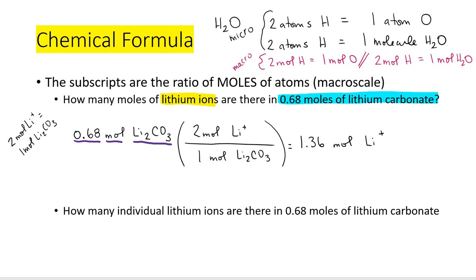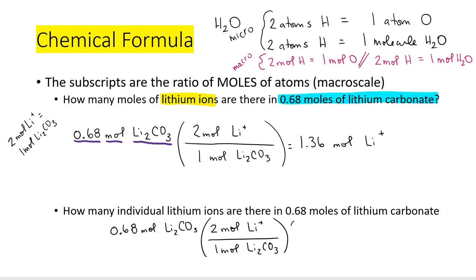So I'm going to start this again with the 0.68 moles of lithium carbonate. We know from the chemical formula that every 1 mole of lithium carbonate contains 2 moles of lithium ions. And then Avogadro tells us for every 1 mole of lithium ions, there's 6.02 times 10 to the 23rd lithium ions present.